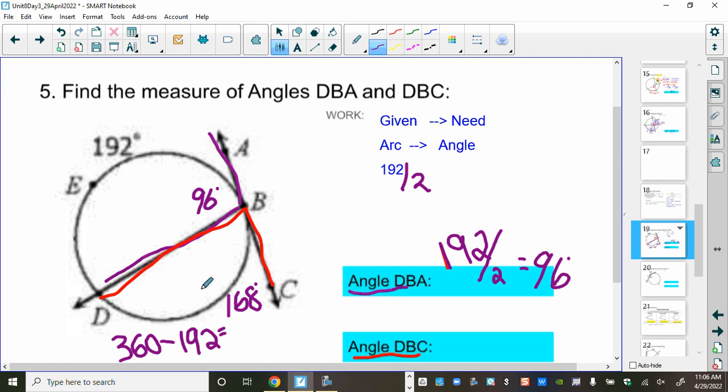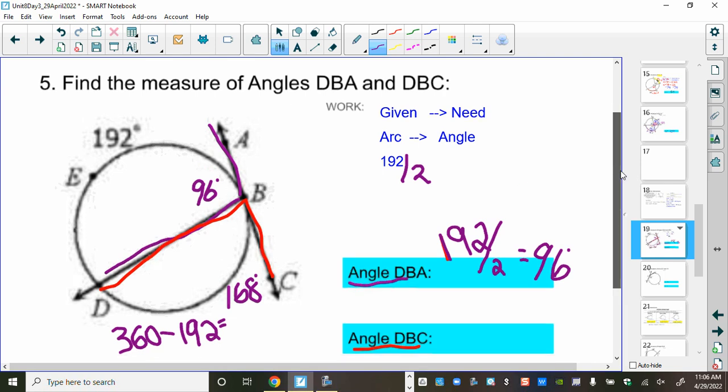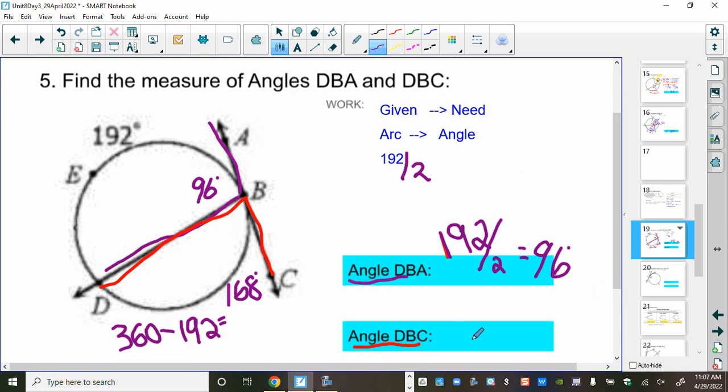Now, given everything we know, there's more than one way we can get to angle DBC. You got 2 options. So, what could we do to get angle DBC? We could divide 168 too, right? Yeah, that's one option. Divide 168 by 2, because here's your 168. Also, since the line forms 180 degrees, you can do 180 minus 96.